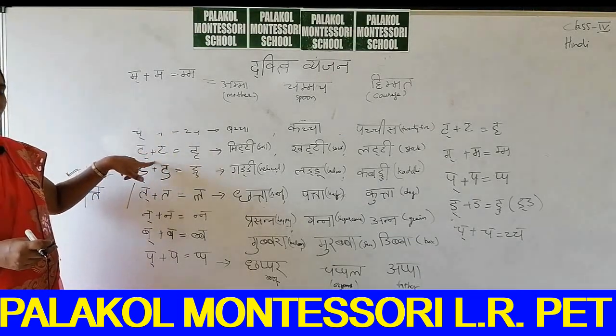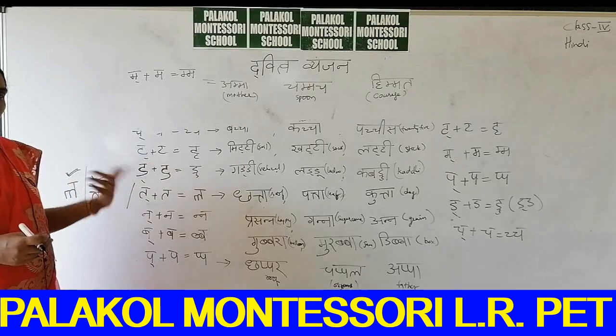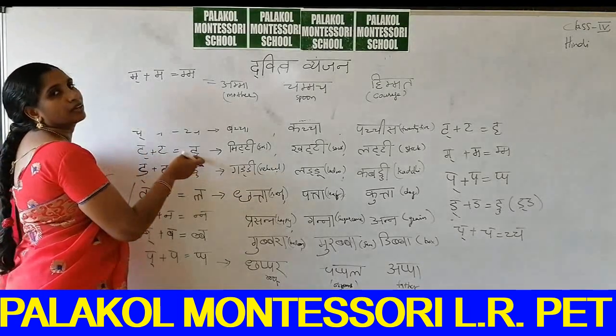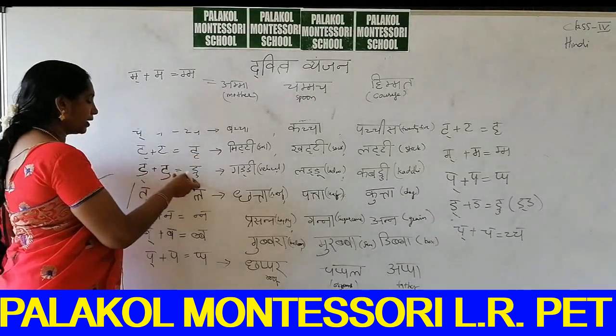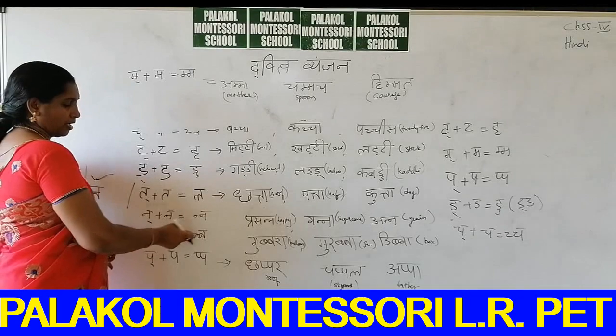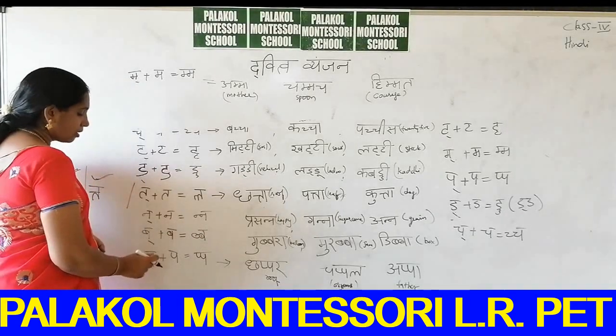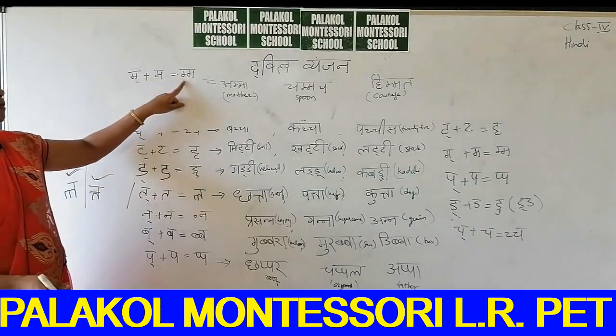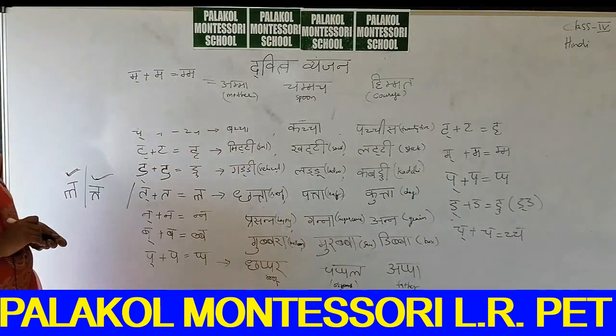Then that word will become like this. So, ta plus ta, this is tta. Da plus da, dda. Na plus na, nna. Ba plus ba, bba. Cha plus cha, pa plus pa. Like this only. Ma plus ma. These are the words.